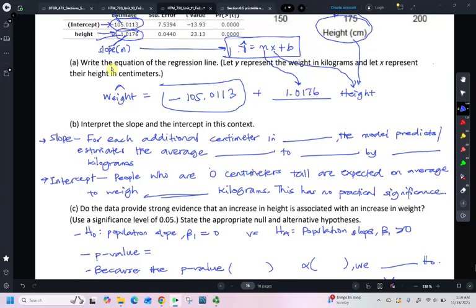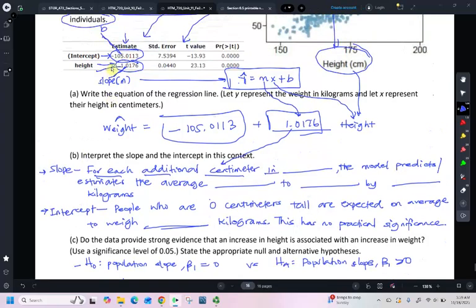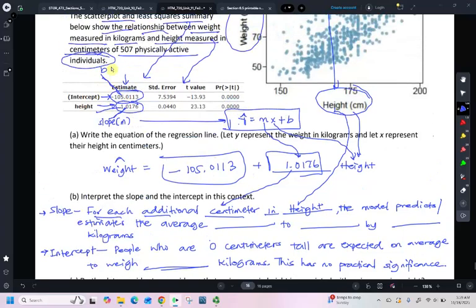Each of these values has a meaning. Let us start with the slope. For the slope, it means that for each additional centimeter in height, how do we expect weight to respond?